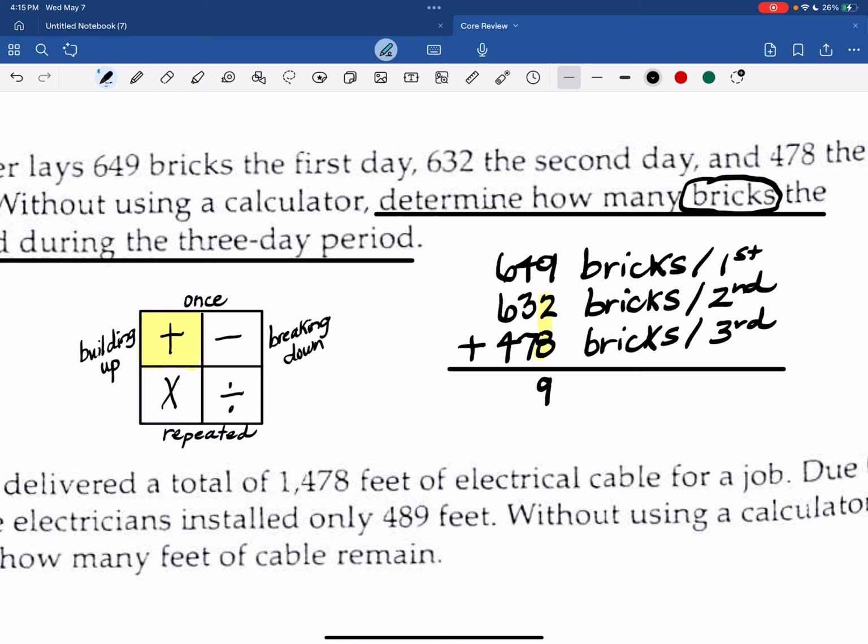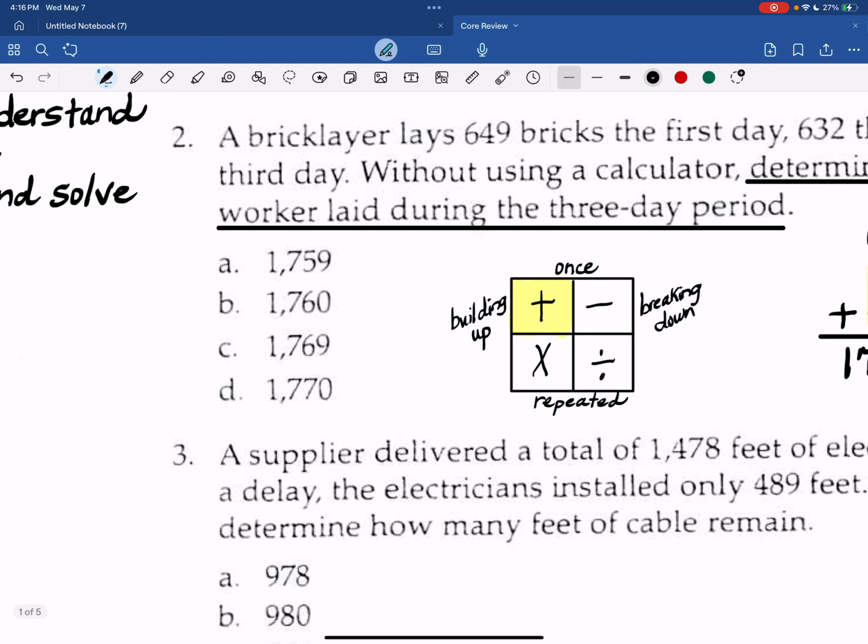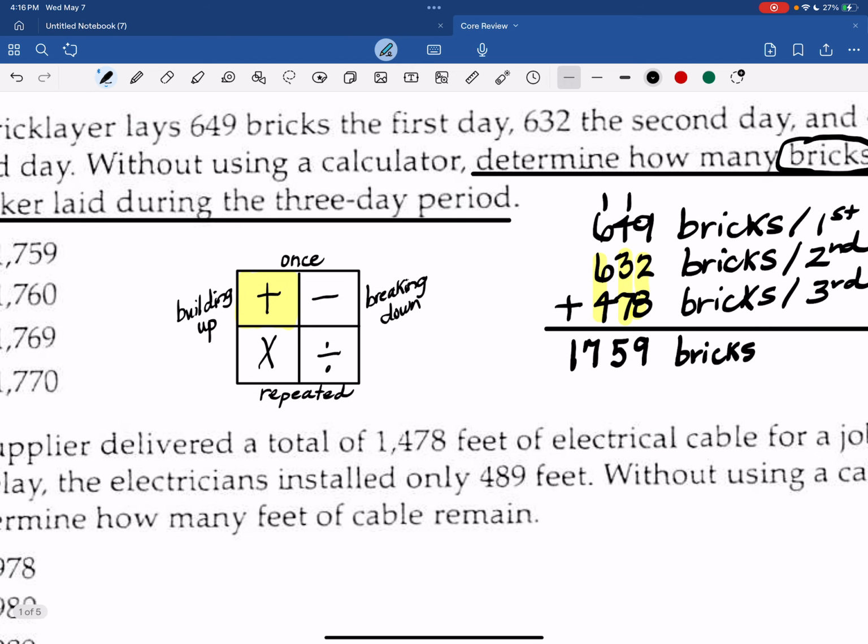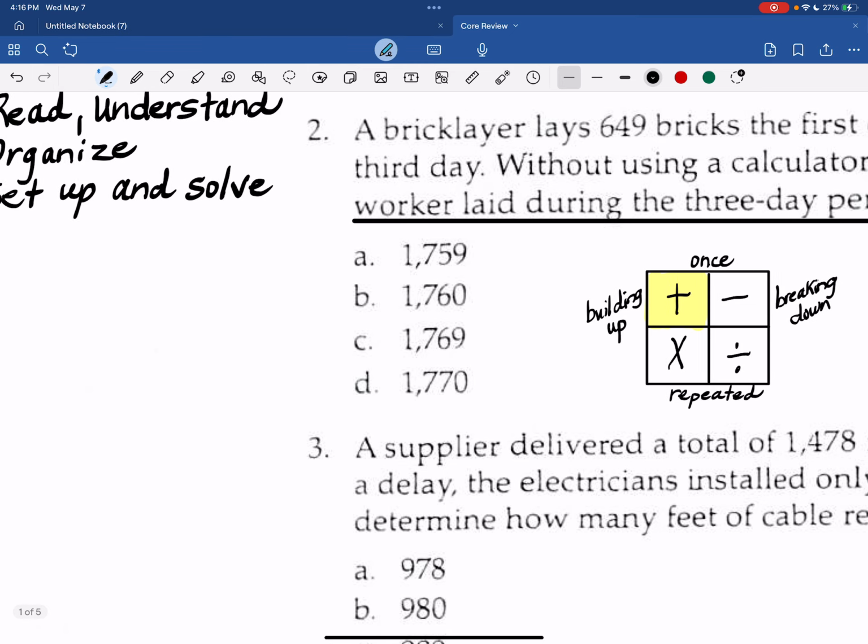So 9 carry 1. 7 and 3 make 10, plus 5 more, and that's 5 carry 1. And then 6 and 4 make 10 with 7 more, and that is 7. You always want to include your unit. Okay. So my answer when I set up and solve is 1759.